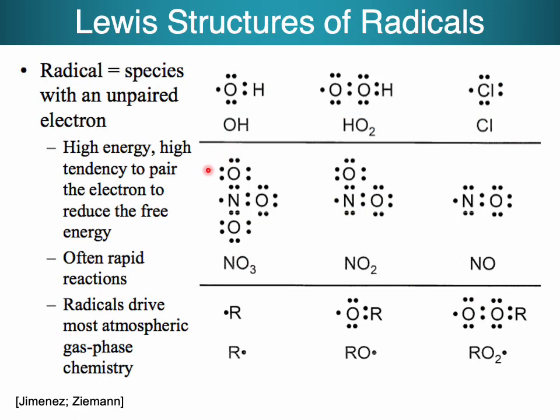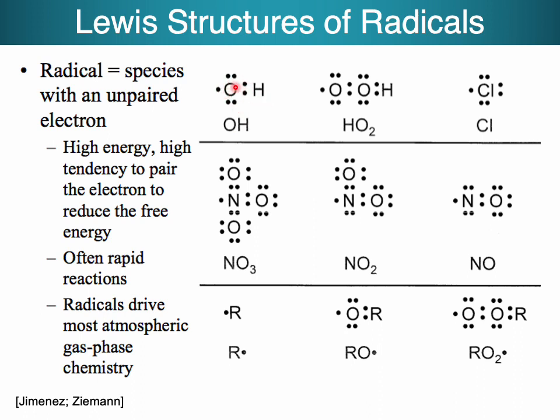There is another class of chemicals called radicals. What are they? A radical is a species with an unpaired electron. So in all of the examples of compounds that we have seen before, all the electrons are paired in the final chemical structure, right? But a radical has an unpaired electron. For instance, this HO hydroxyl radical, okay?